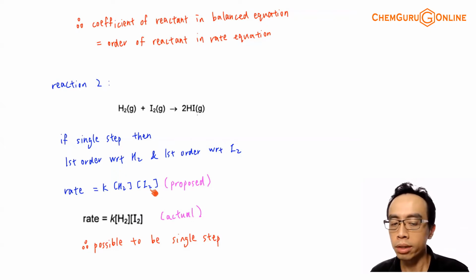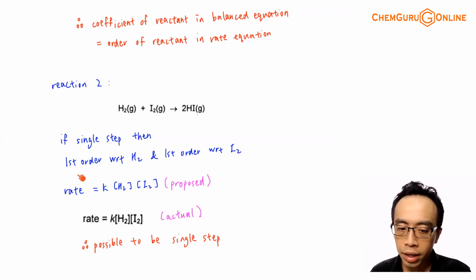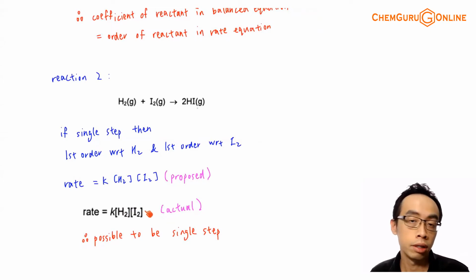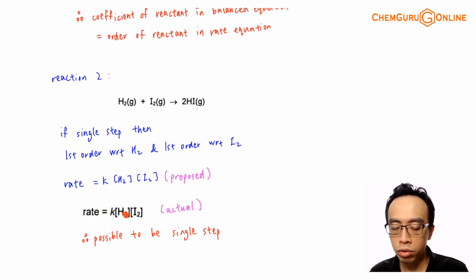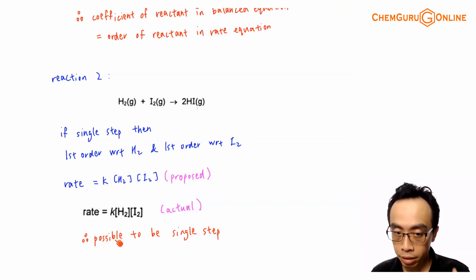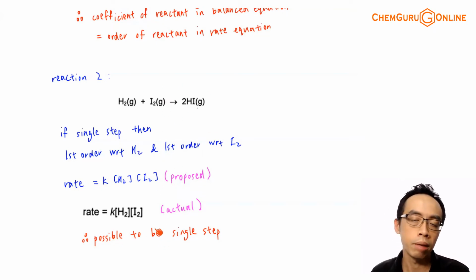So if it were a single step process, the rate equation is supposed to be like this. This is the proposed rate equation. And if I look back at the rate equation given in the question, it is exactly the same: rate equals k, concentration of H2 power 1, concentration of I2 power 1. So this process involving reaction number 2 is possible to be a single step reaction.